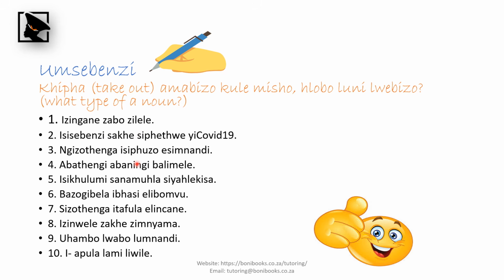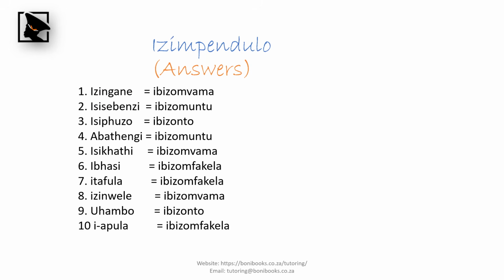Once you have written all these nouns down, go and check what type of noun you think each one is. Then once you're done, you can go on to the next slide.